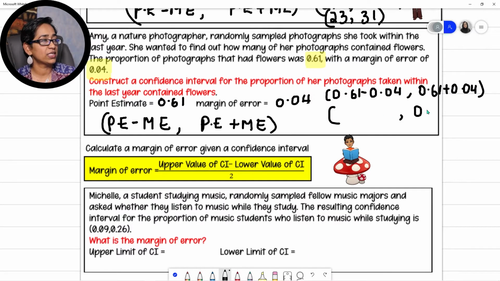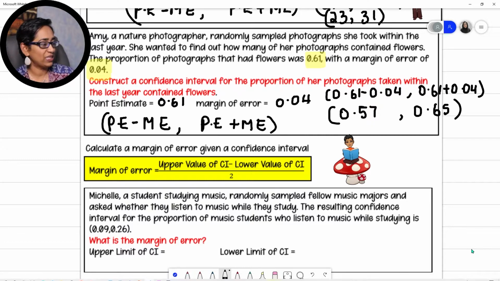So this is 0.57 and this is 0.65, right? Fair enough? All right. Now let me take a look at the time.